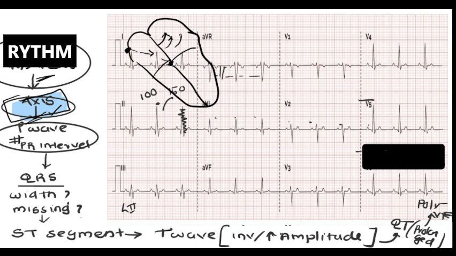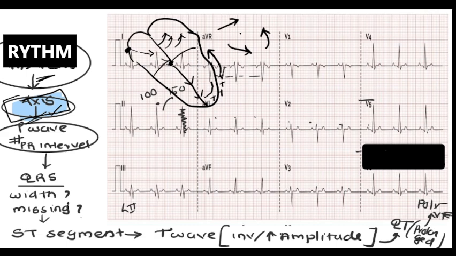After the current reaches the ventricle, it initially depolarizes the lower part of the ventricle, that is the apex, then it depolarizes other parts as well. So electrical activity is happening in different directions. In physics we know the concept of vectors.